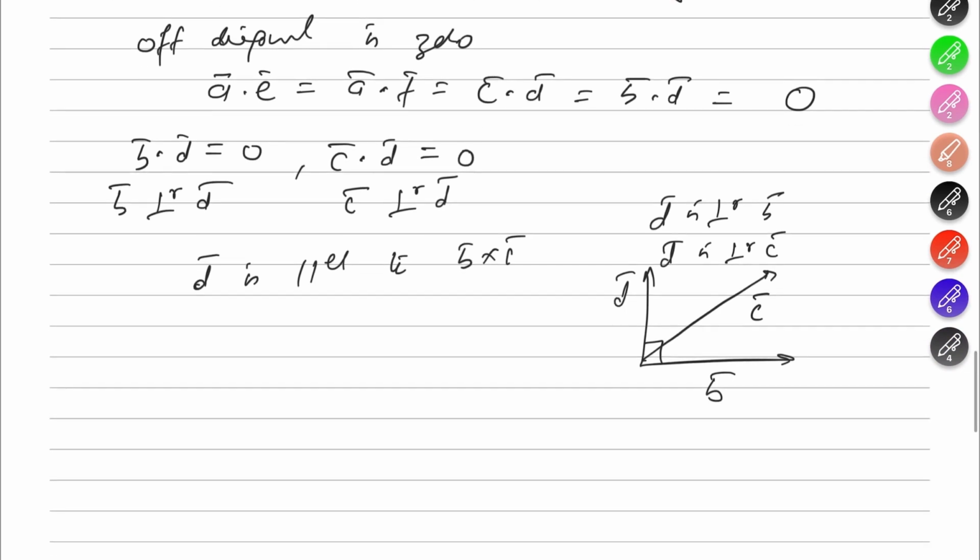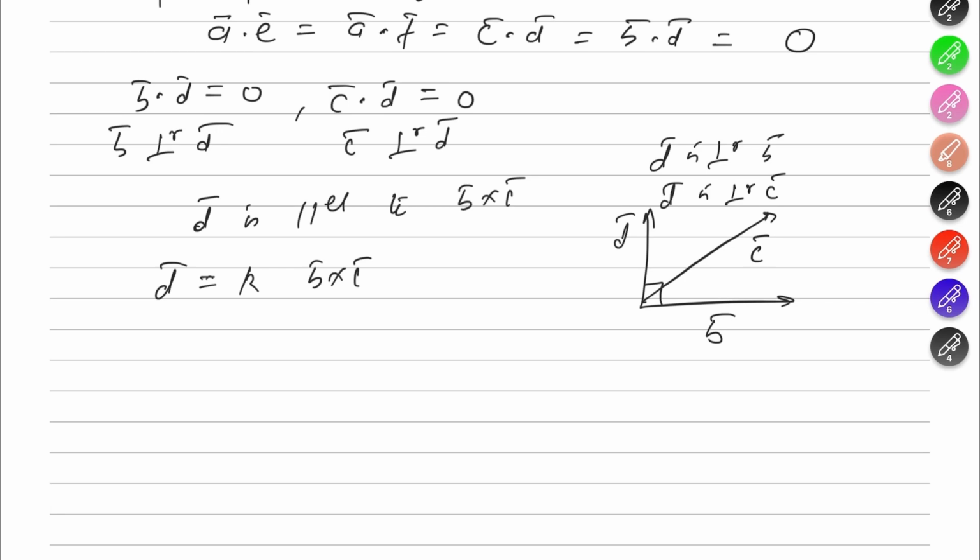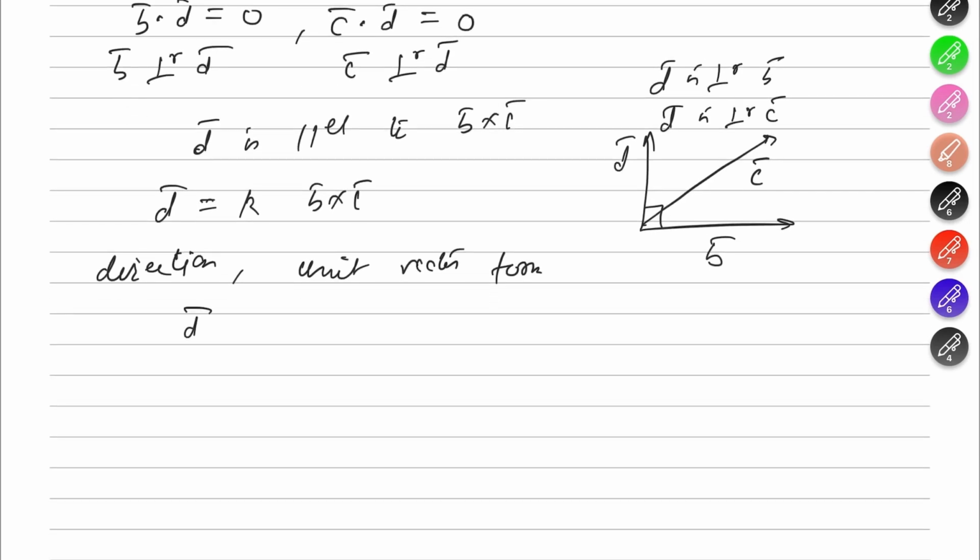So we can write that D is some constant K times B cross C. Let's compare the unit vectors, since they have the same direction. Let's write it in unit vector form: vector D upon D is the same as the magnitude of this.